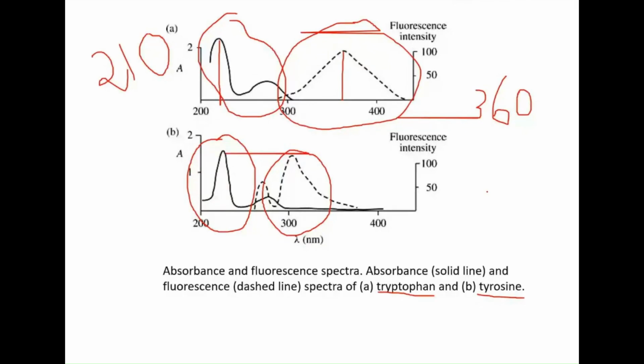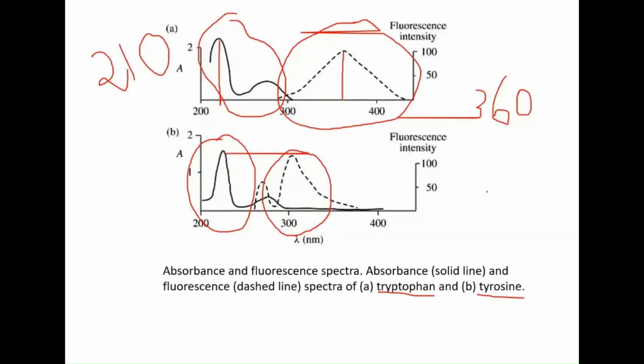Why? Initially, the excitation wavelength is used to excite the electron from the ground state to a higher energy state. During this process, some amount of energy is liberated in the form of non-radiative transitions. That means there will be a loss of energy. Loss of energy leads to an increase in the wavelength of light. Do you follow?